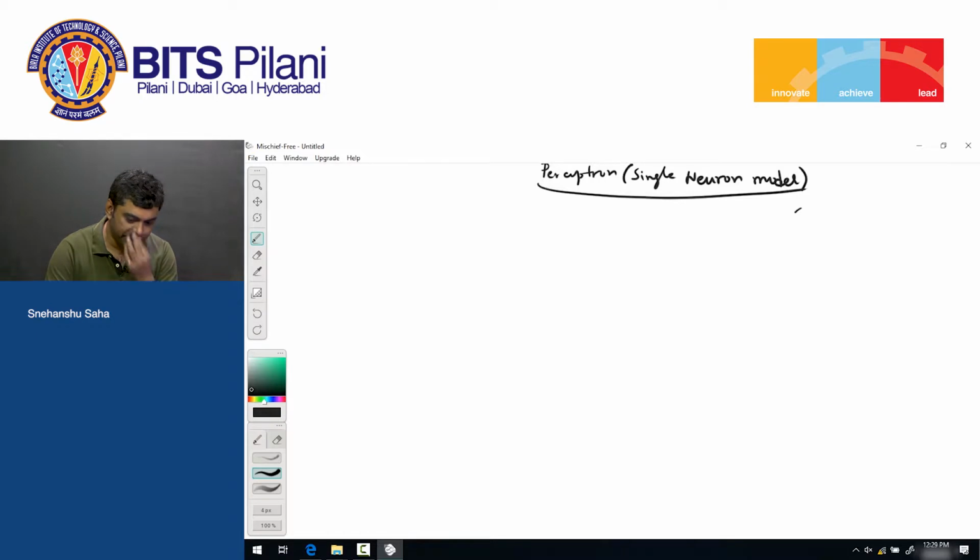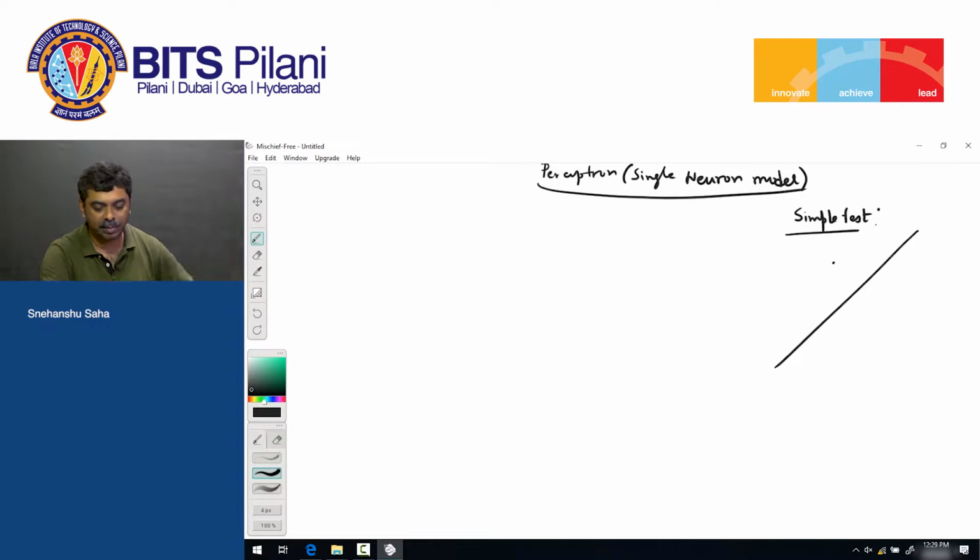So for a simple test, without even using a perceptron, let's say I have a linear separating boundary, and two classes C1 and C2. Let's say for a moment that the equation of this line is x plus 2y equal to 4.